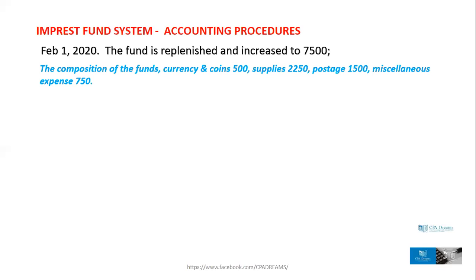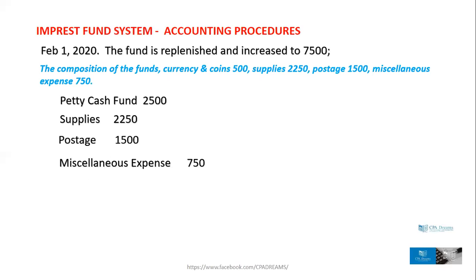Paano ang journal entries natin ngayon? So that is debit, petty cash fund, 2,500. Debit, supplies, 2,250. Postage, 1,500. Miscellaneous expense, debit, 750. Then, you have the credit, cash in bank, 7,000.